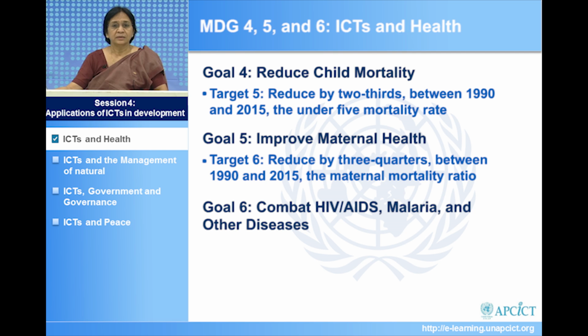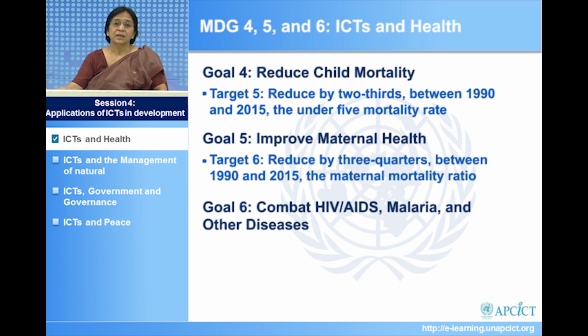The target specifically says reduce by 3/4 between 1990 and 2015 the maternal mortality ratio. And this is very, very important because the health of a woman and the child is critical to the process of equitable or equal development.